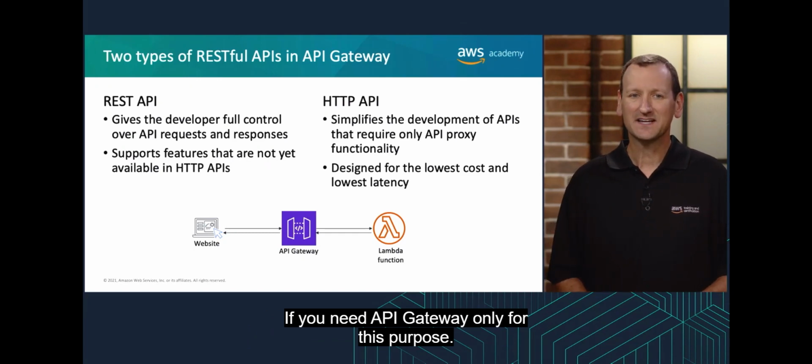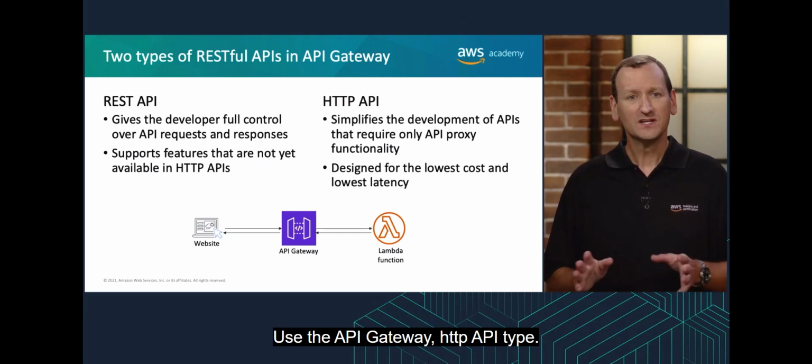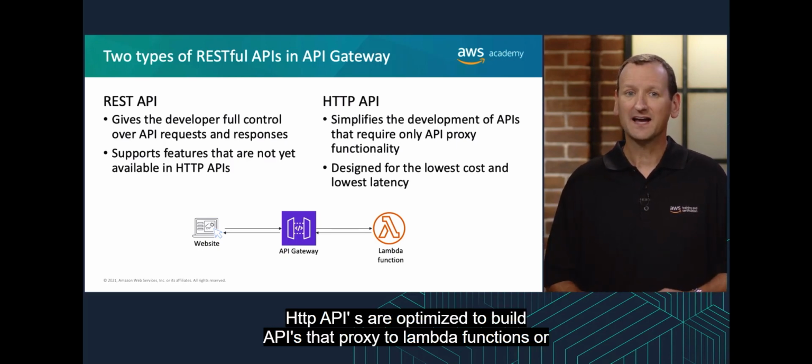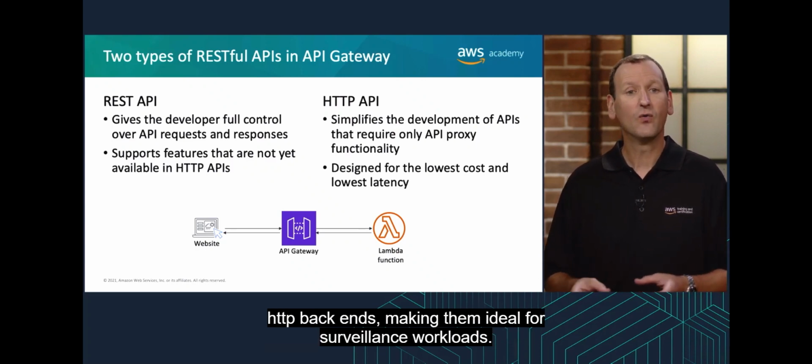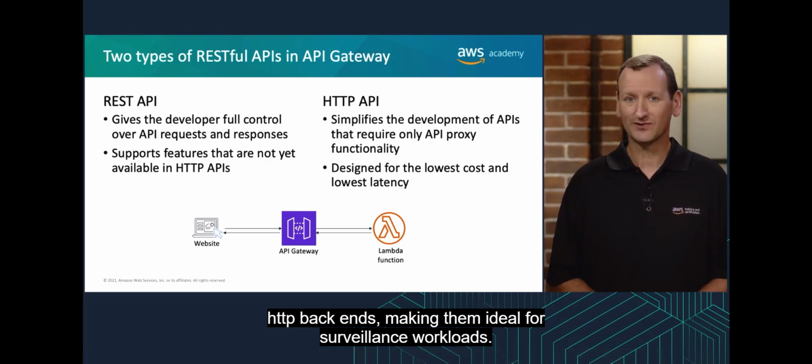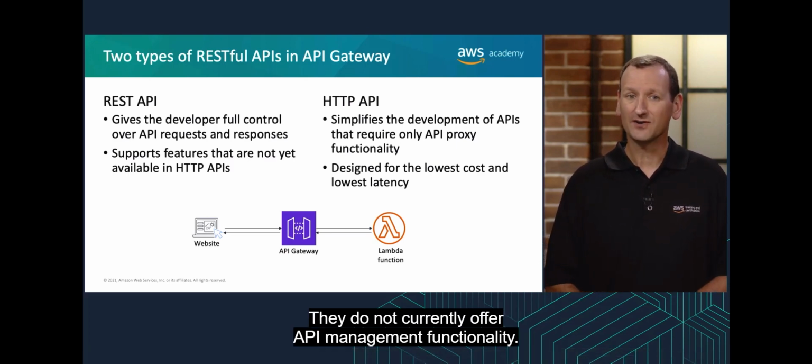If you need API Gateway only for this purpose, use the API Gateway HTTP API type. HTTP APIs are optimized to build APIs that proxy to Lambda functions or HTTP backends, making them ideal for serverless workloads. They do not currently offer API management functionality.